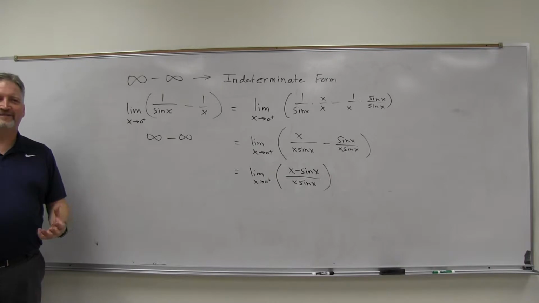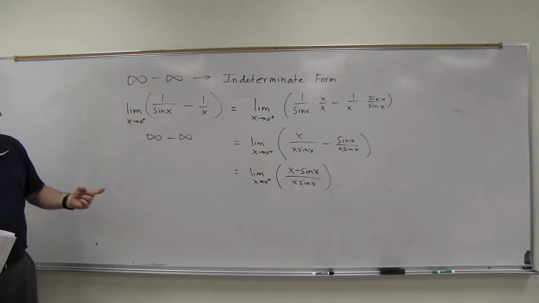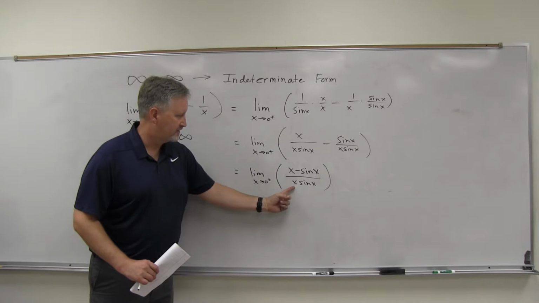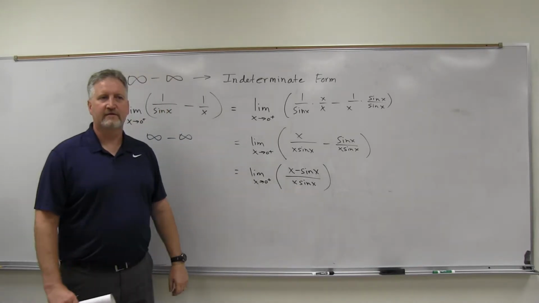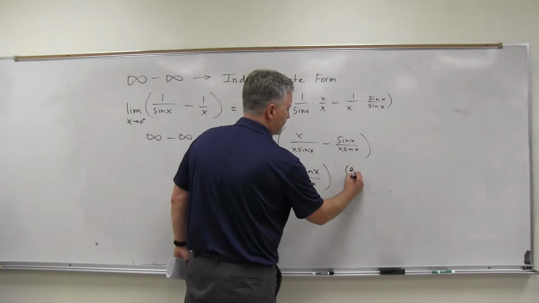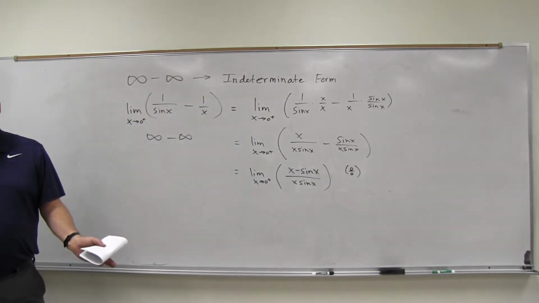Guess what we can do now? Well, x goes to 0, 0 minus 0 over 0 times 0. It's 0 over 0 form, isn't it? We've got our 0 over 0 form, which is where we can apply L'Hopital.